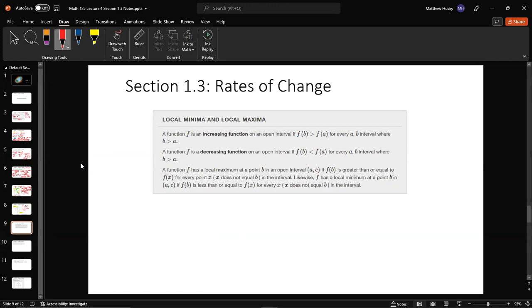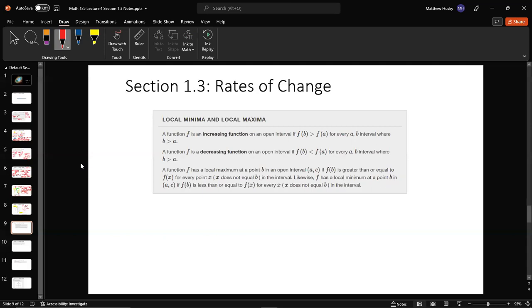I think the more straightforward way is, if you have a picture in front of you, it's not that tough to just look at it and say, okay, here's where it's going up, here's where it's going down, here's where the high point is, here's where the low point is.